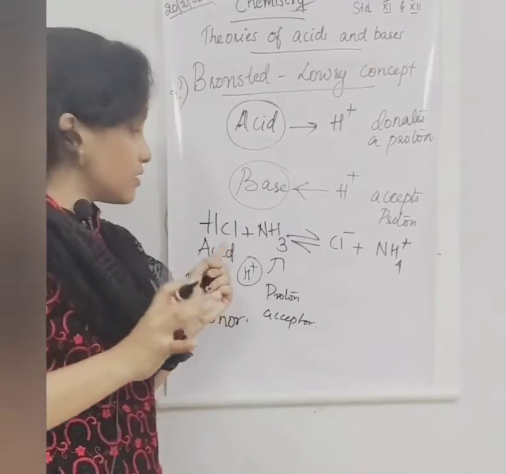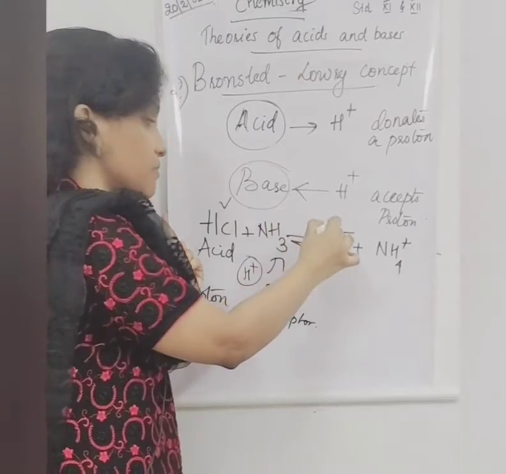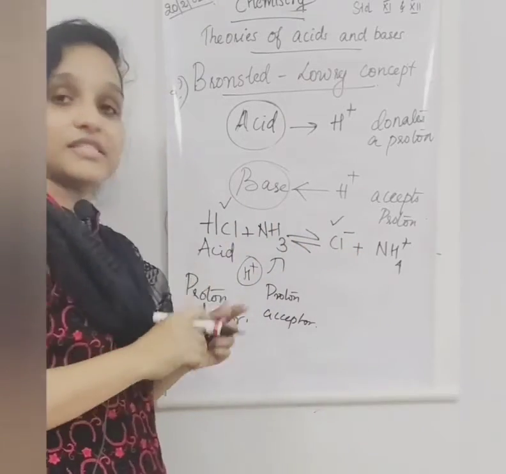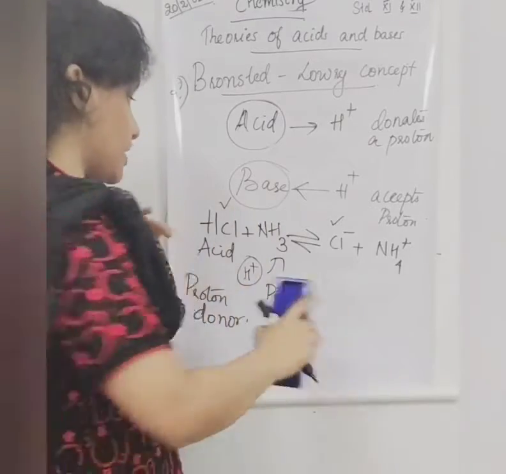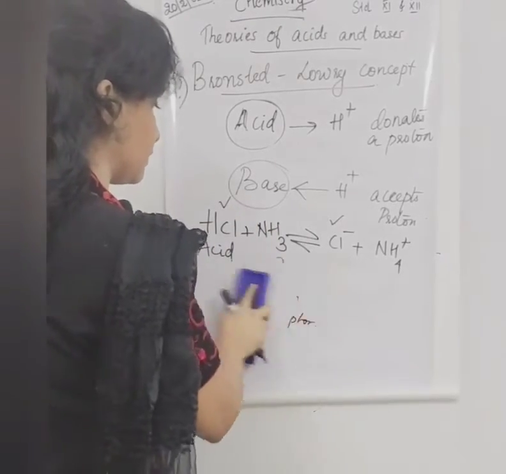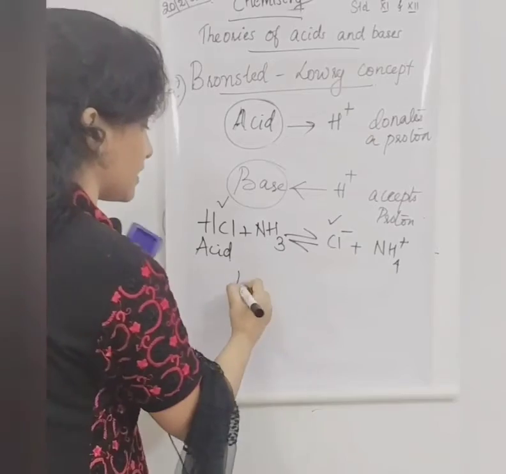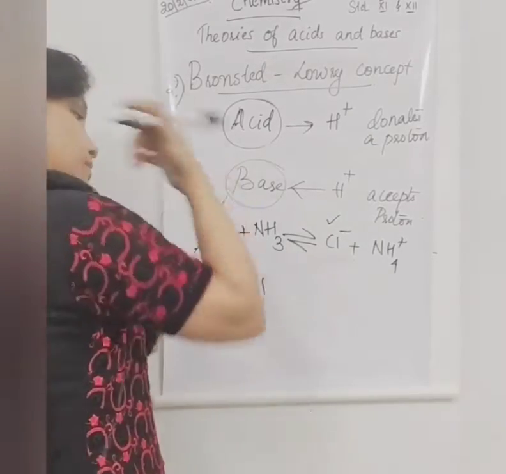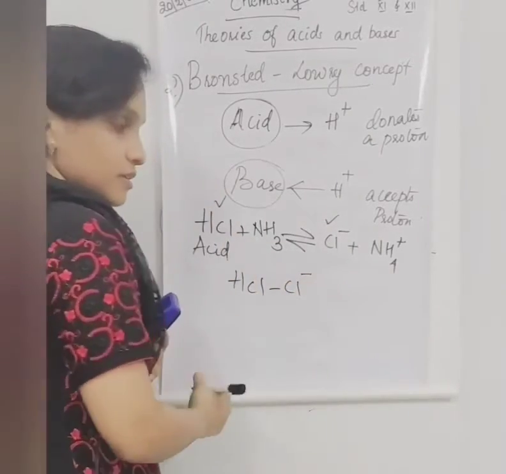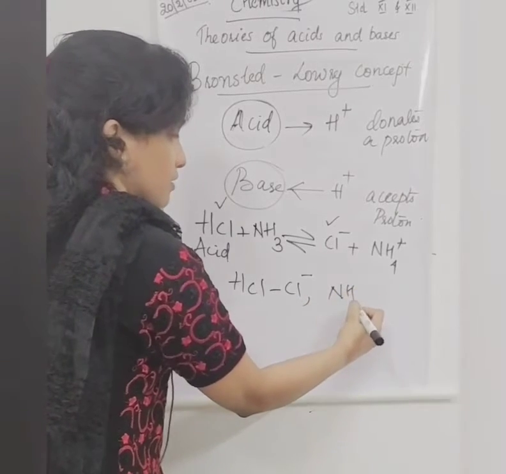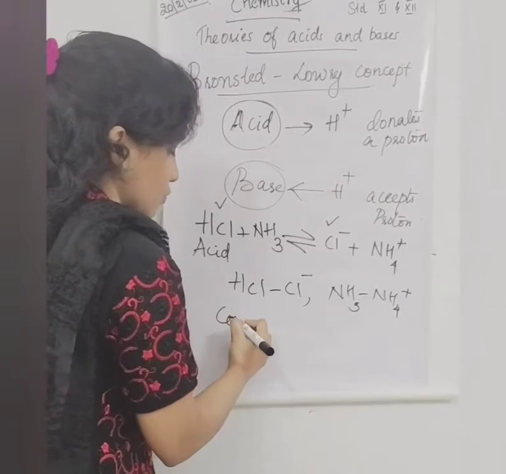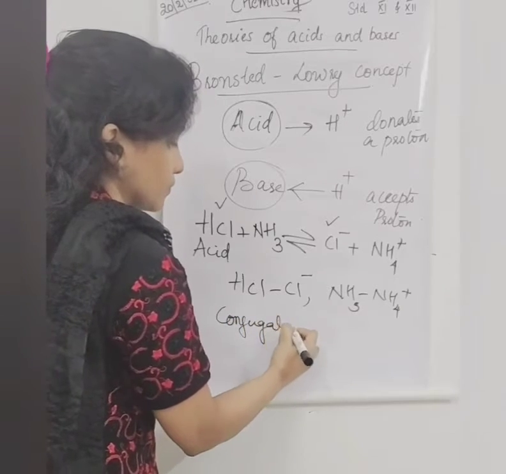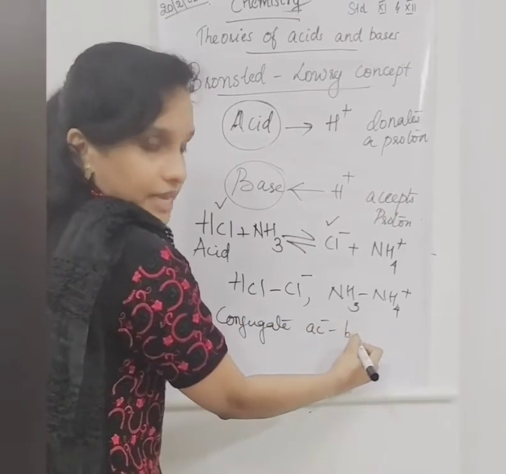Now HCl and Cl minus, and NH3 and NH4 plus, are known as conjugate acid base pairs.